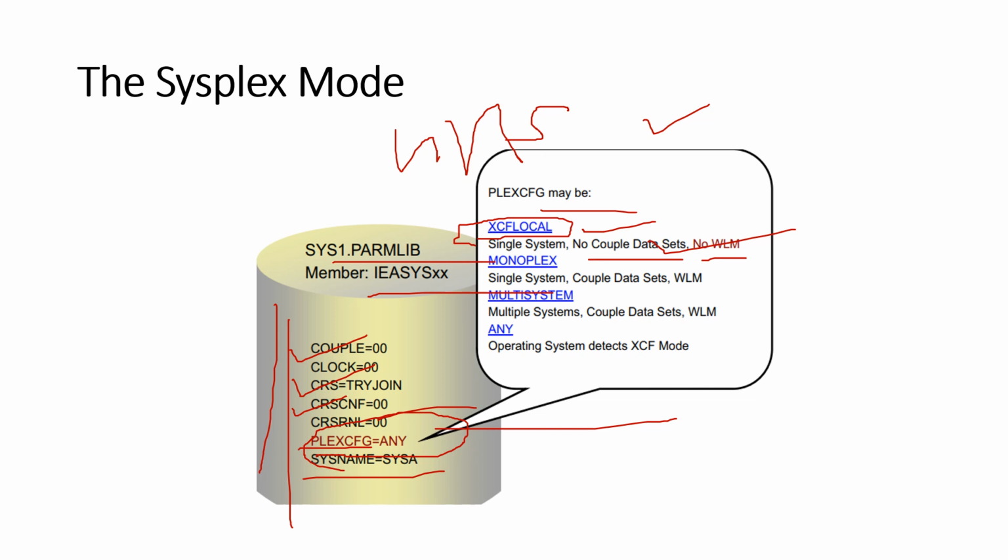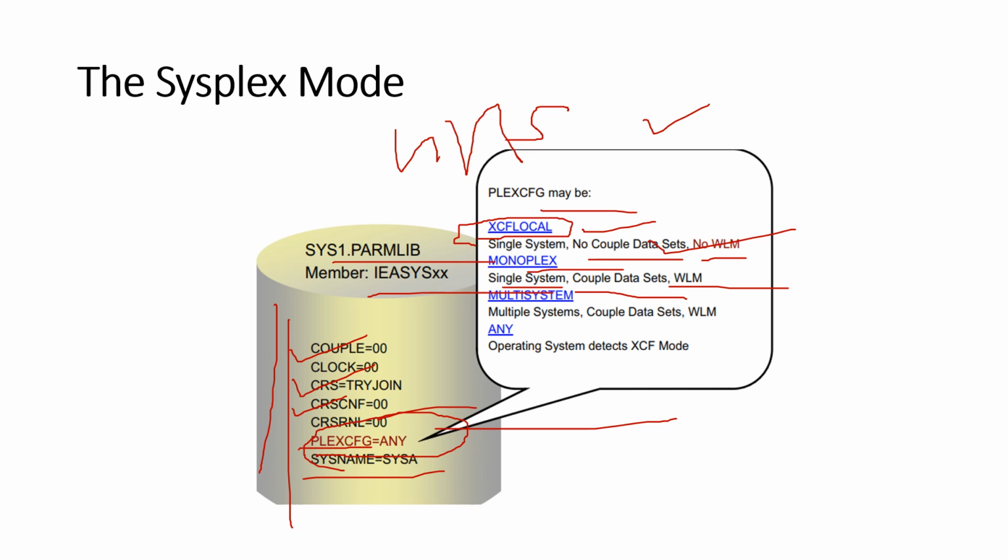Next one is MONOPLEX. So in short, we understand it's a single system. It has a couple dataset and WLM. That means it specifies that the system is to be a single system Sysplex that must use a Sysplex couple dataset. Additional couple datasets such as those that contain the policy information can be used, as well as XCF coupling services, and it provides multiple applications we can use.